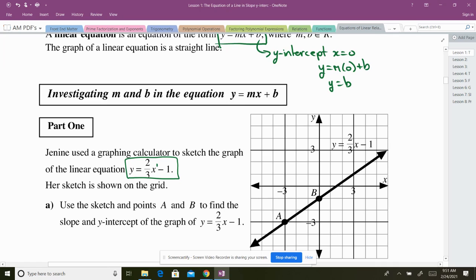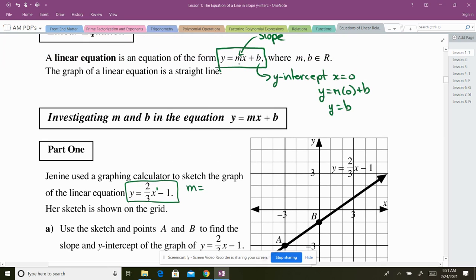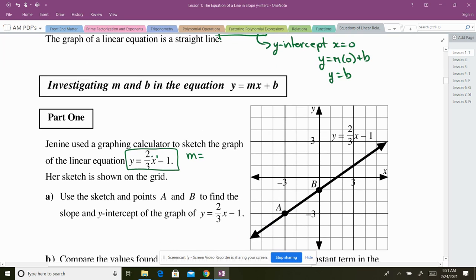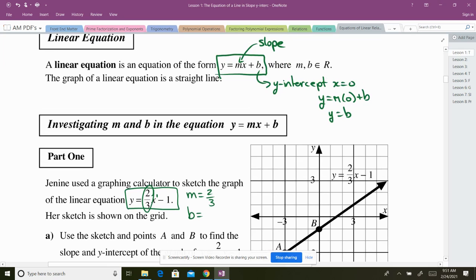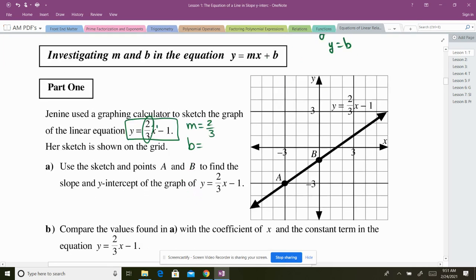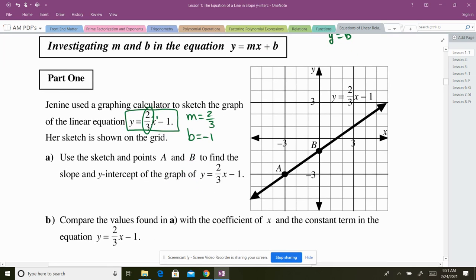What is the slope? Where is it in this equation? It's the number in front of the x. So the number in front of the x is your slope, 2/3. What's my y-intercept? b. -1. You've got to take the sign with it.